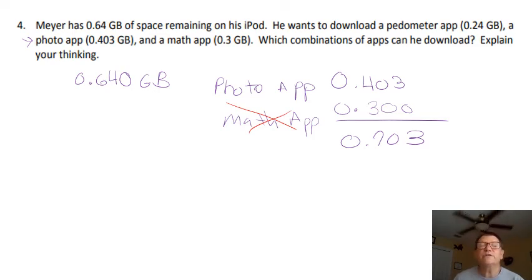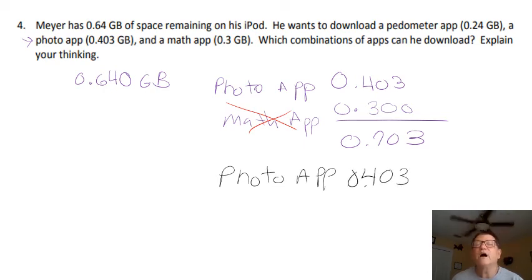But now's the question, can I have the photo app with the pedometer? So let's do this again. I got the photo app, which is 403 thousandths. Now we have the pedometer app, which is 24 hundredths.